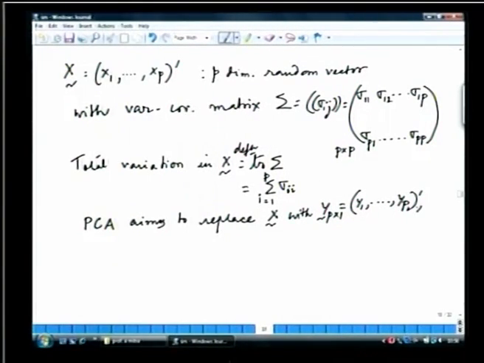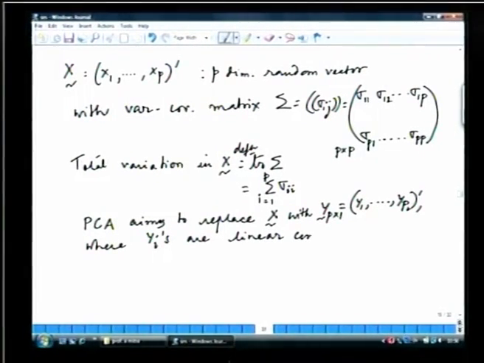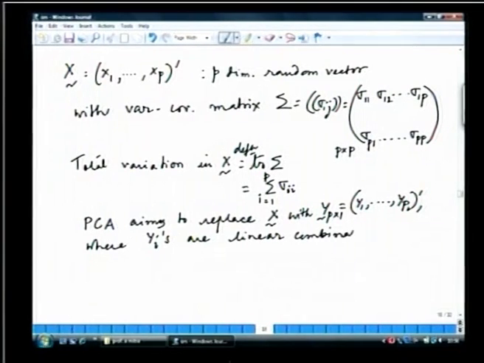But firstly, these yi's are not just any variables. These are linear combinations of the original variables xi's, but not just any linear combinations.